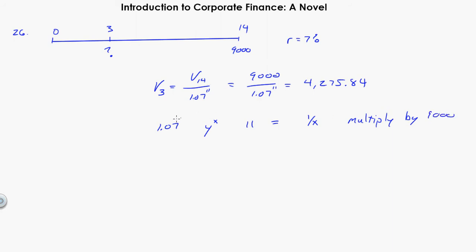So let me repeat that. The best way to do it is 1.07 y to the x, 11 equals, press the 1 over x key, and now you've taken the denominator number and flipped it over, and now you can multiply by that 9,000 and get this answer.